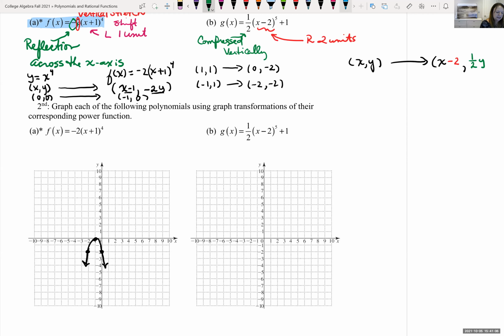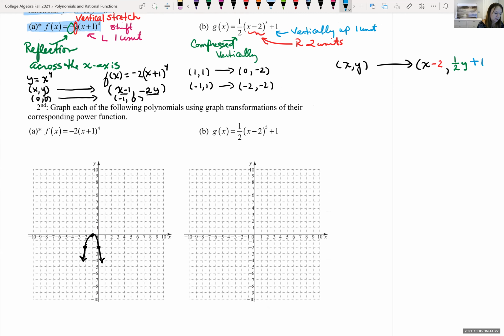Then we have this +1 up here. And so this is a vertical shift up 1 unit. Well, vertically, right, we're affecting our y value. So we're going to add 1 in here. So +1.